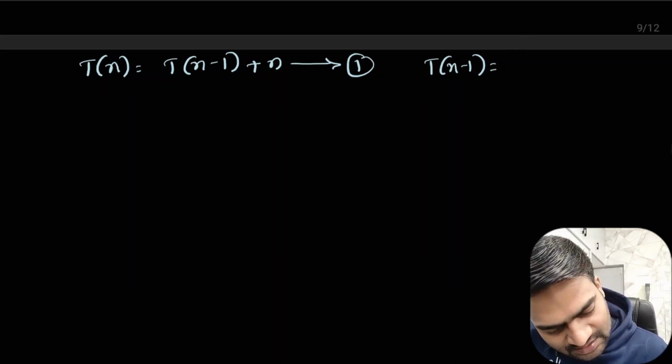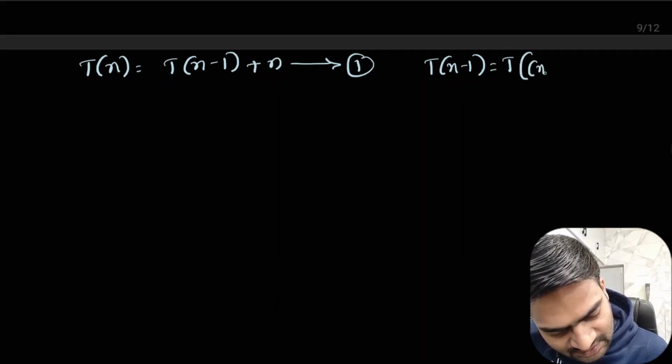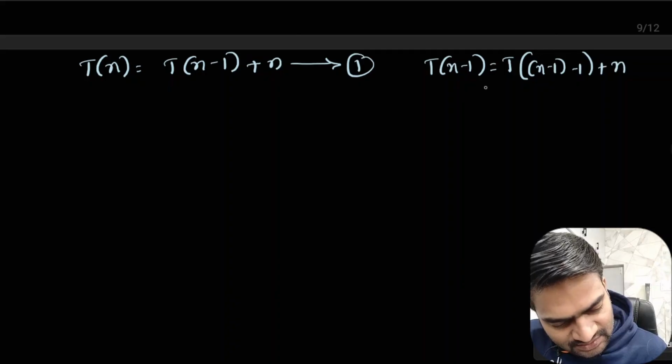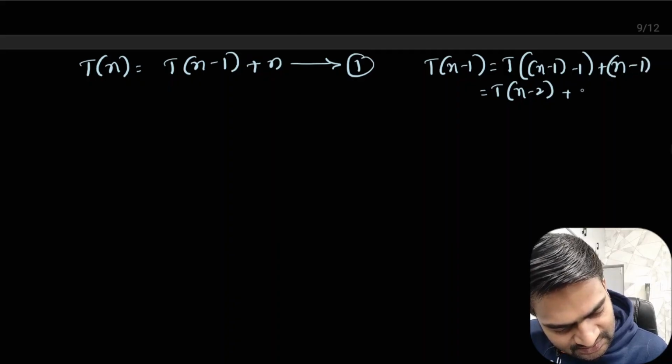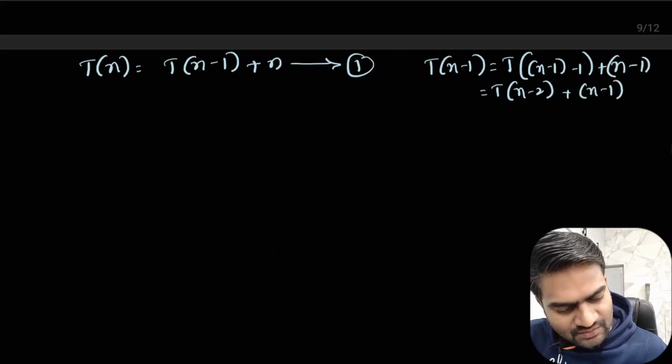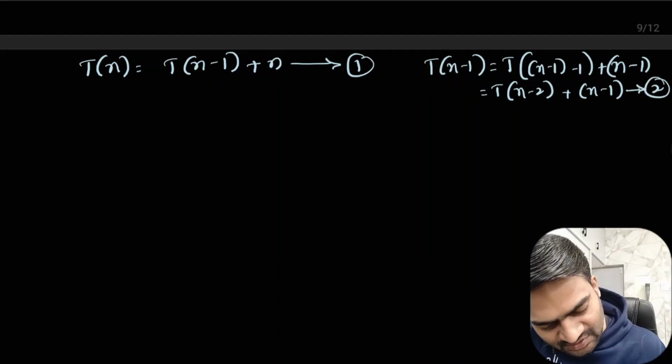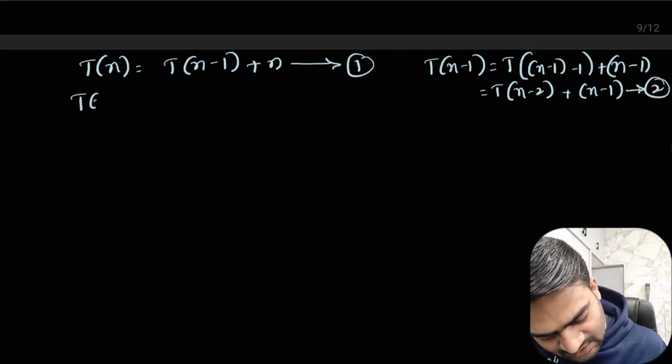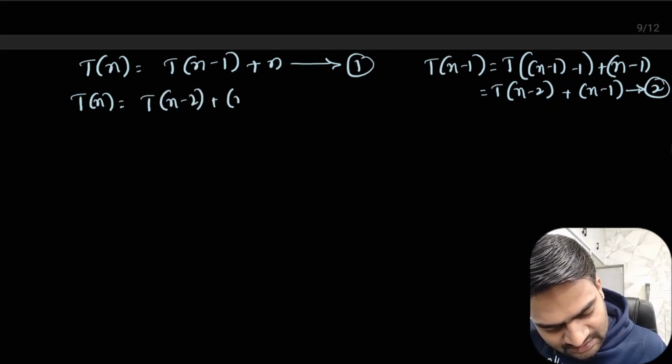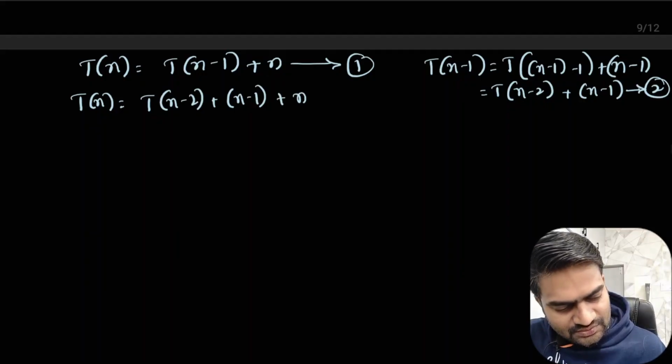If we do that, we will get t of n minus 1 equal to t of n minus 2 plus, sorry, this will be n minus 1 because this is n. Let's call this equation 2. Now let's substitute 2 in 1. If we do that, our t of n becomes t of n minus 2 plus n minus 1, then we have this n here, so plus n.